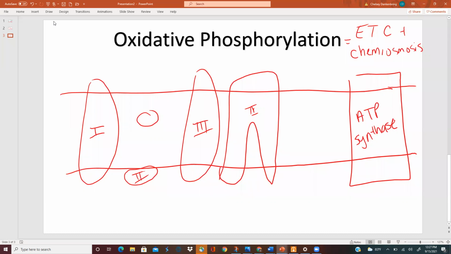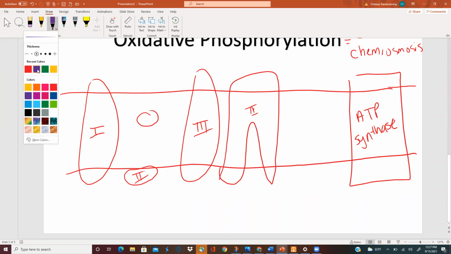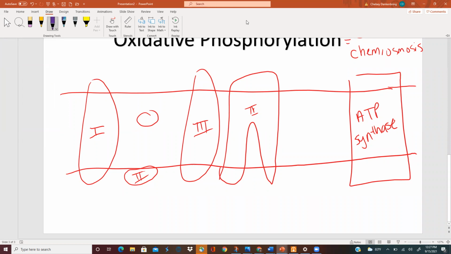So let's talk about what's been going on so far. In the previous 3 steps, we talked about stored energy in the form of NADH and FADH2. And I told you all they were like little taxi cabs, and they were going to be dropping off those electrons somewhere. And this is where, okay, at the electron transport chain.